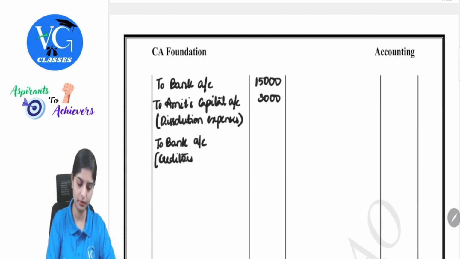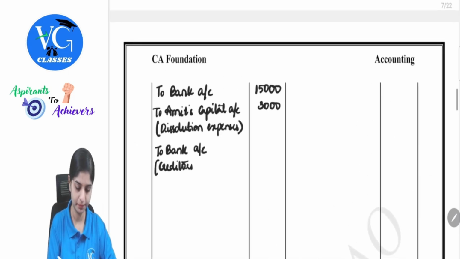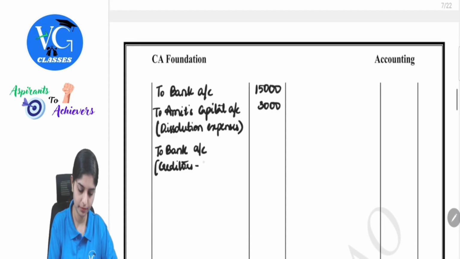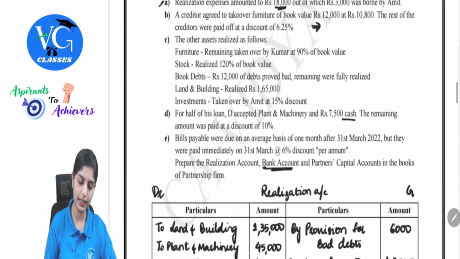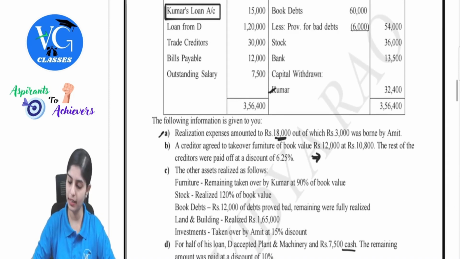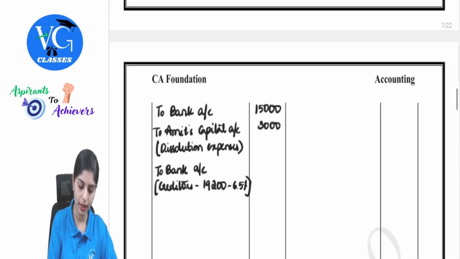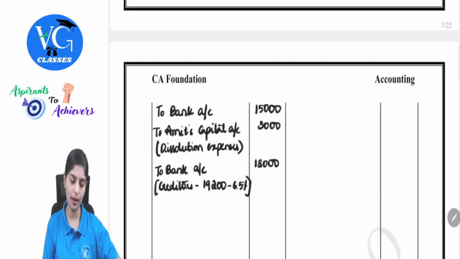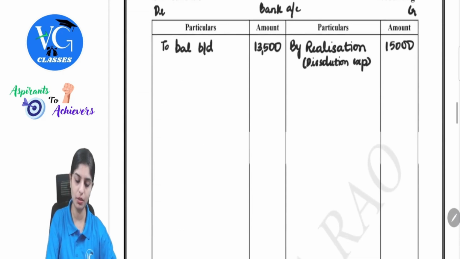Creditors 19,200 minus 6.25%. How I got 19,200? It is nothing but 30,000 minus 10,800. So this minus 6.25% will be 18,000. So since I've taken it to bank, by realization 18,000.